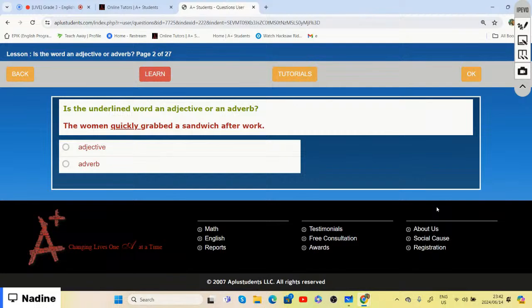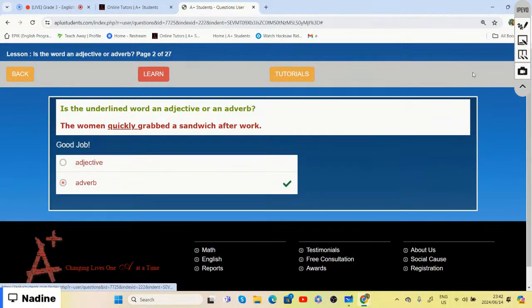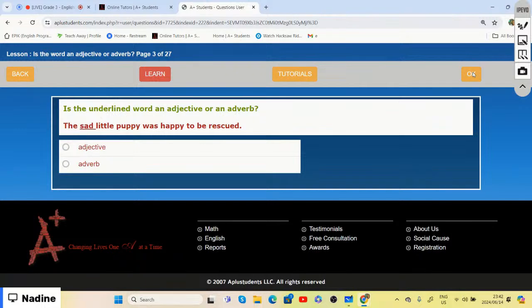How did they grab something? Grab is an action that is being done, which means that the word quickly will be an adverb, right? It describes the action. So we can say it is an adverb, and it tells us how it is being grabbed. Well done. Yes, an adverb is correct.